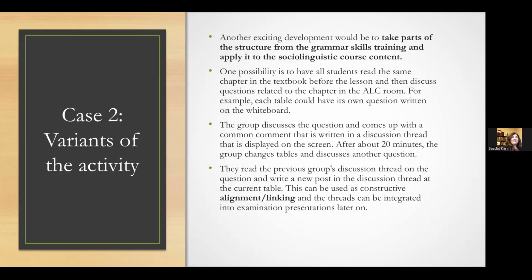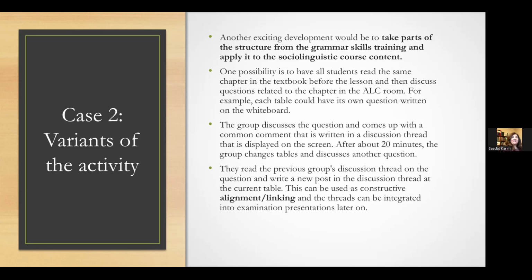The group discusses the question and comes up with a common comment that's written in a discussion thread, and that's displayed on the screen. After about 20 minutes, the group changes tables and discusses another question.